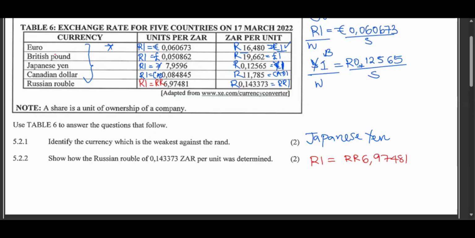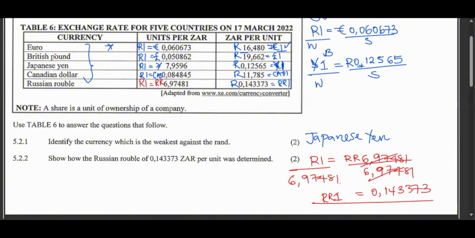So what about for only 1 Russian ruble? We shall divide through by this much, and this goes with that, remaining with 1. 1 Russian ruble equals 0.143373. That's how they came up with it. They divided. So we need this. We look at the next question.